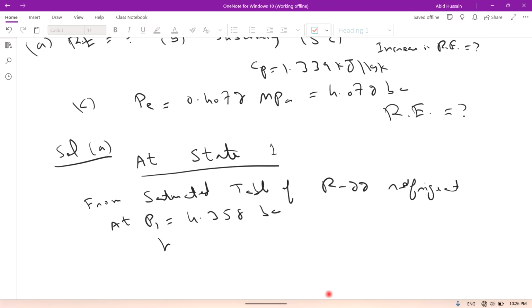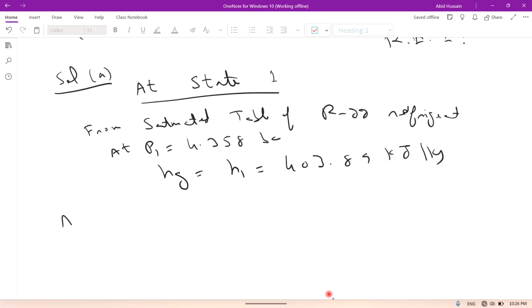So Hg is equal to H1 is equal to 403.89 kilojoule per kilogram.